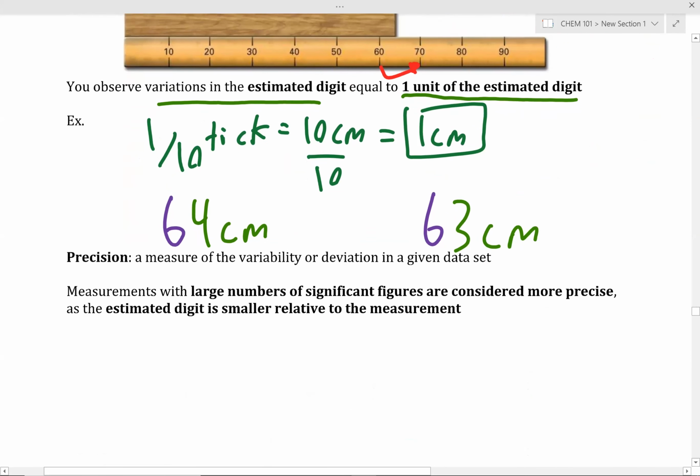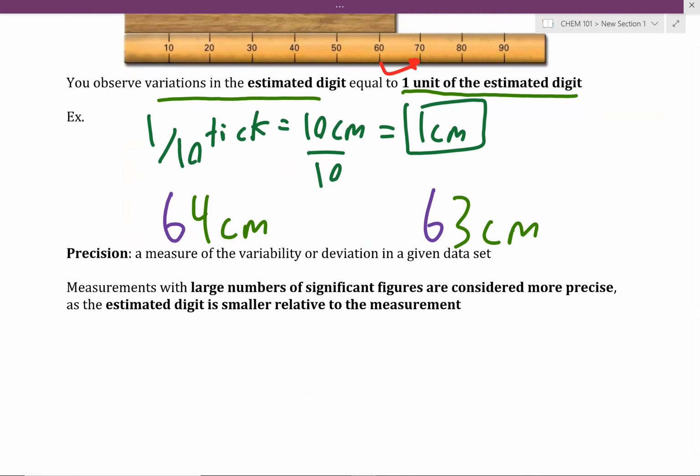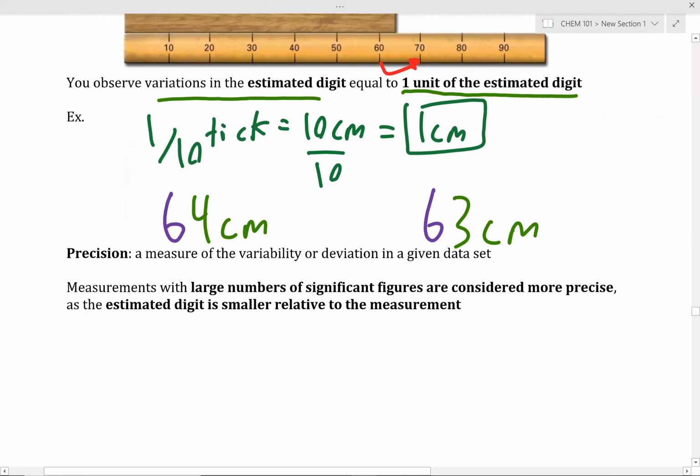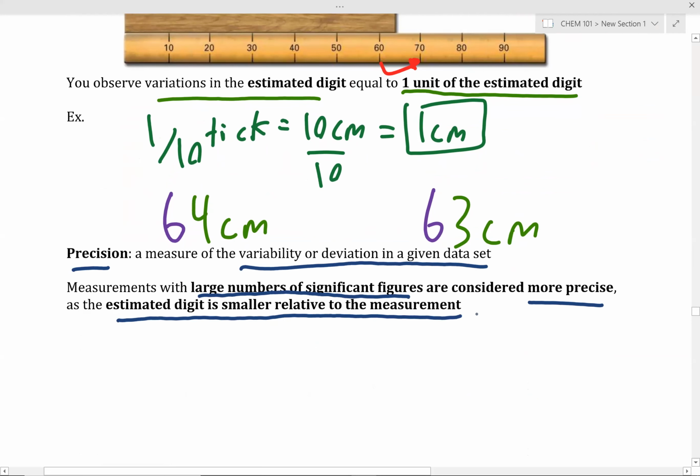So let's talk a little bit next about precision. Precision is a measure of the variability or deviation in a data set. Measurements with large numbers of significant figures are considered more precise, and the reason for that is the estimated digit is smaller relative to the main measurement.